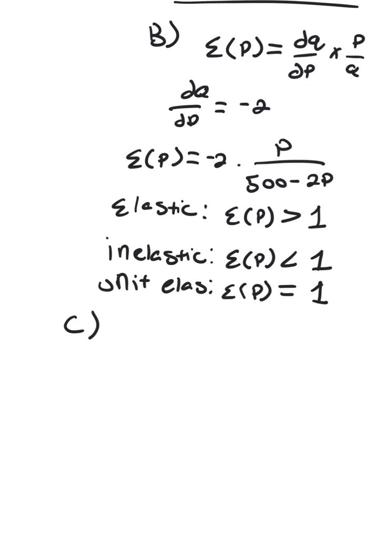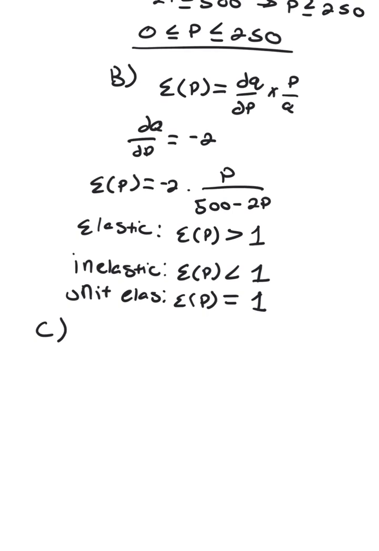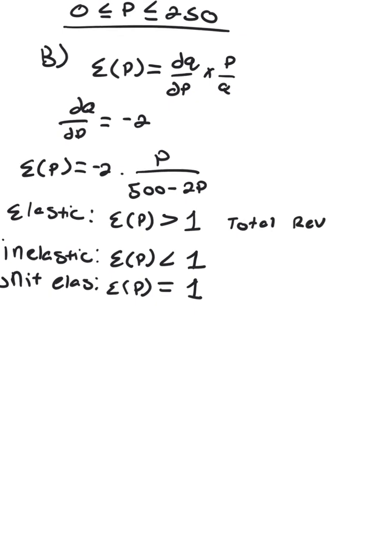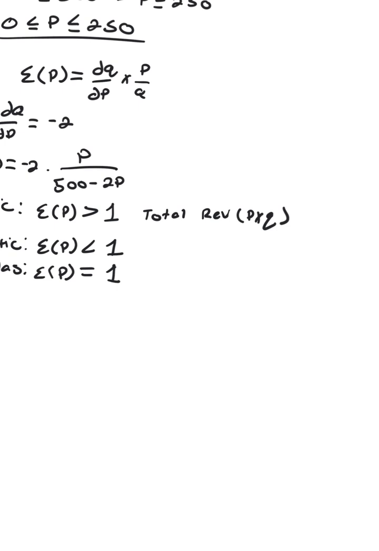So in this case, if Ep is greater than 1, which is elastic, it means that the total revenue, price times quantity, increases as P decreases.